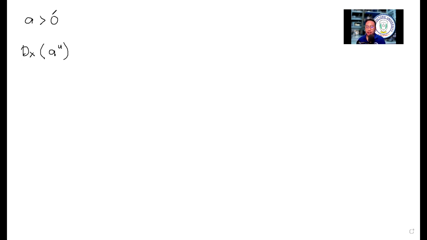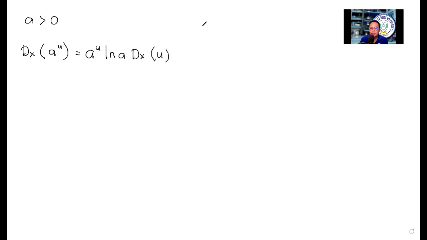You can think of any number that is greater than 0. So what's the answer? This is a to the u, ln a, times the derivative of u, provided that a is greater than 0. That's very easy, guys. You have the formula, you can follow the pattern, and then you just take the derivative of u, and then you're done.